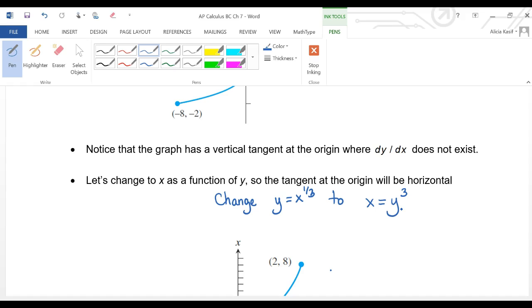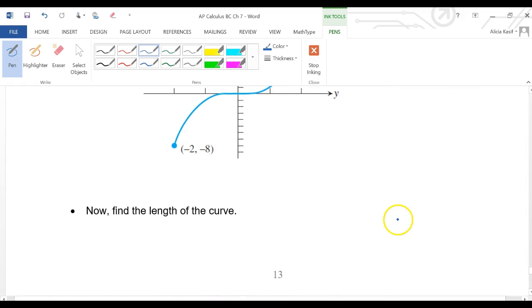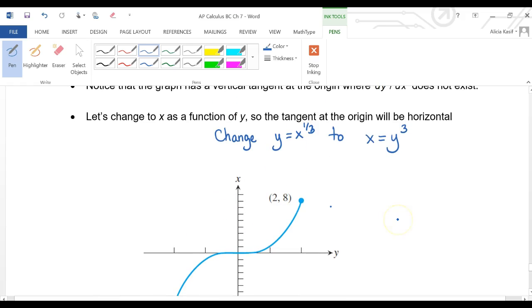Okay, so if I change this to y to the third, a cubic function that doesn't have a vertical tangent, doesn't have a cusp or corner, we can use the same approach. What would you do? dx/dy would be what? What's the derivative? 3y squared.